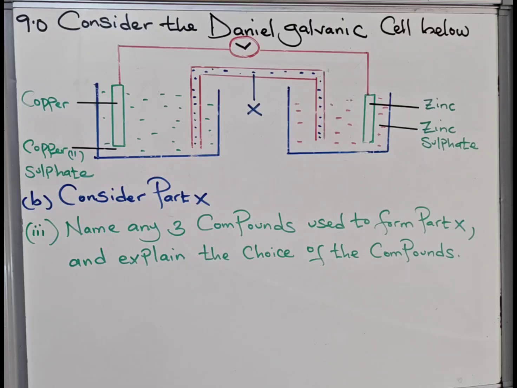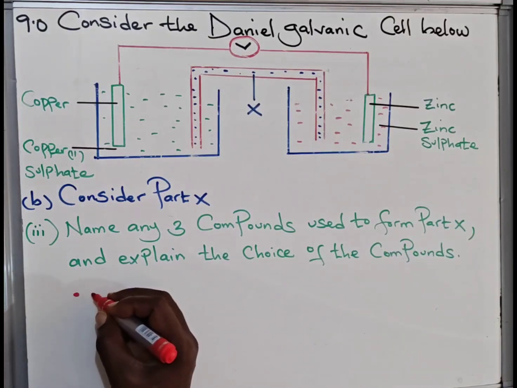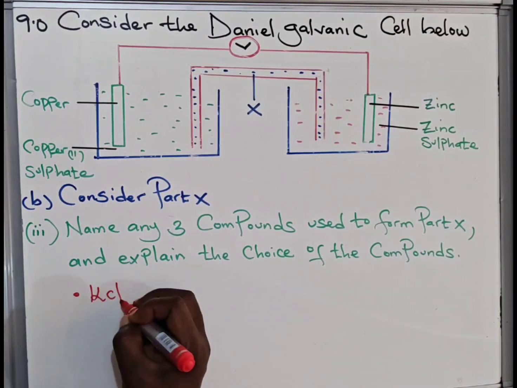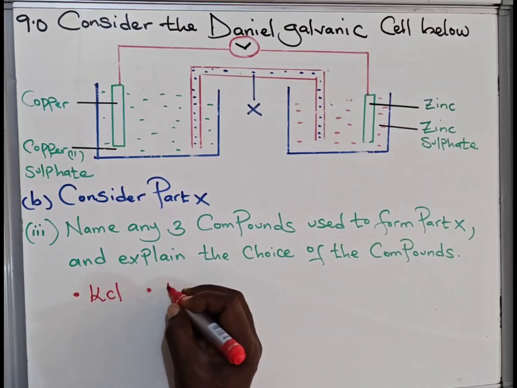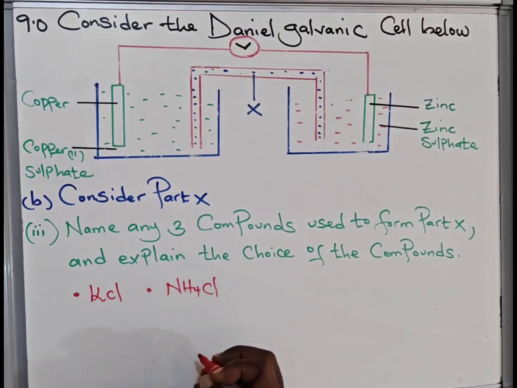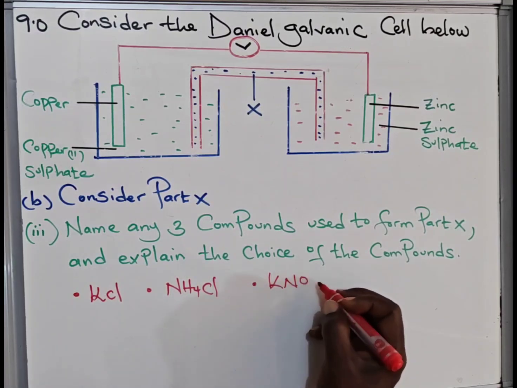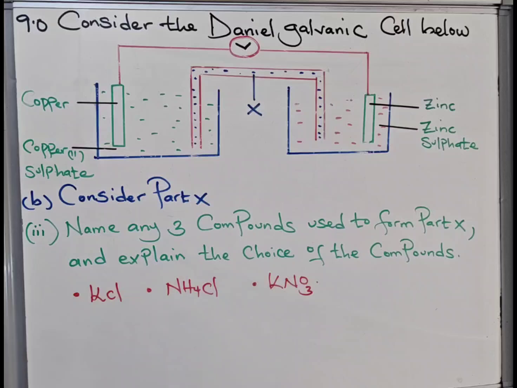For example, we can use potassium chloride, we can use ammonium chloride, or potassium nitrate.